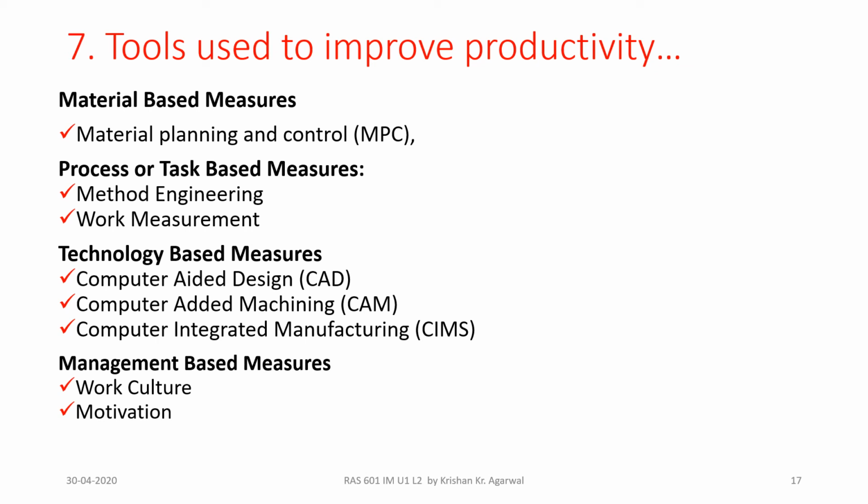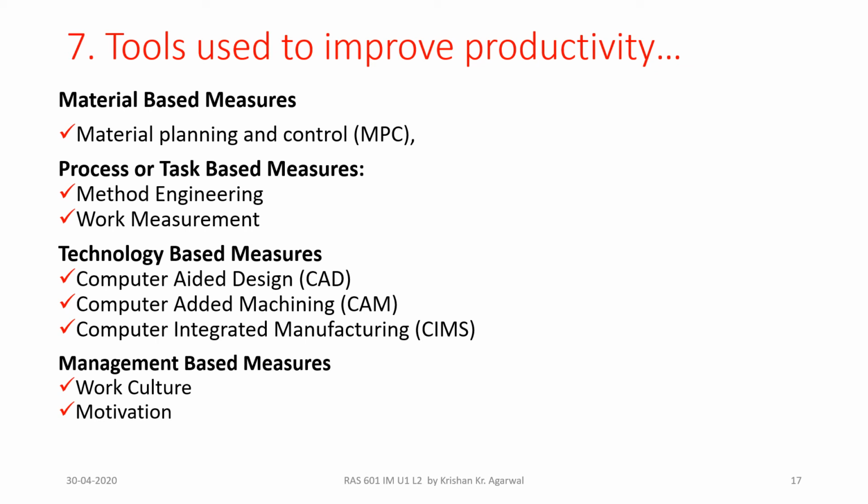Like MPC, the material planning and control tool, can be used within the plant. Another task-based measure like work measurement, method study, and time study can be taken into consideration in order to improve productivity.